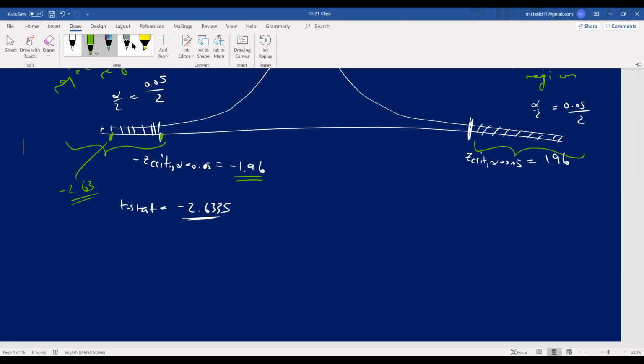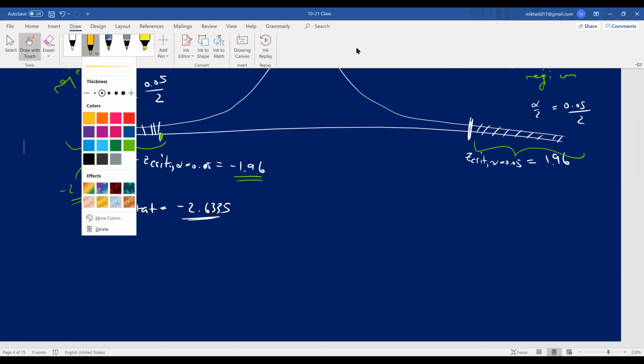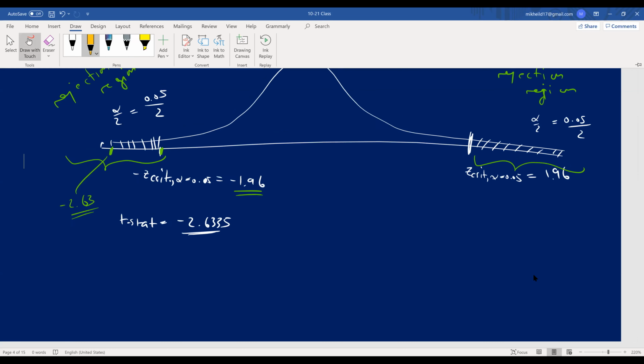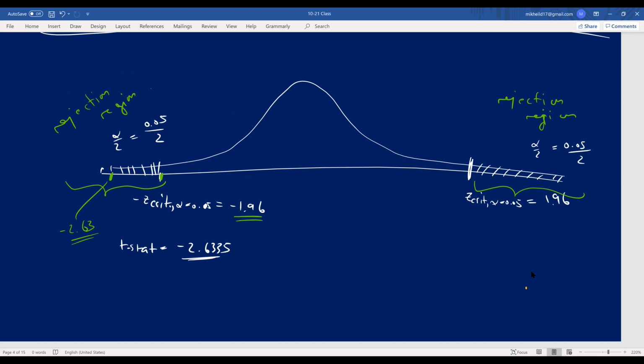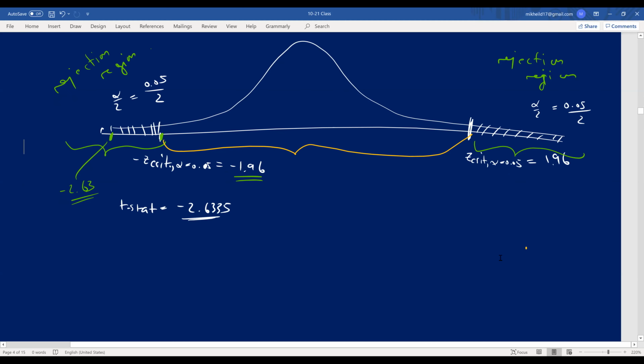What do we call this interval? Acceptance. Confidence interval.